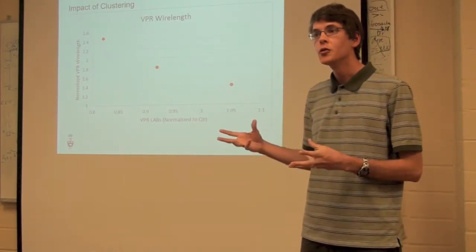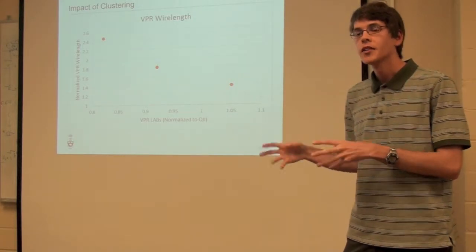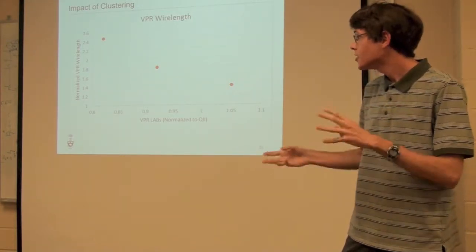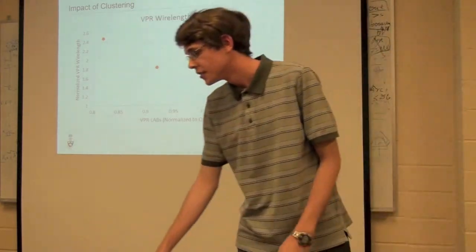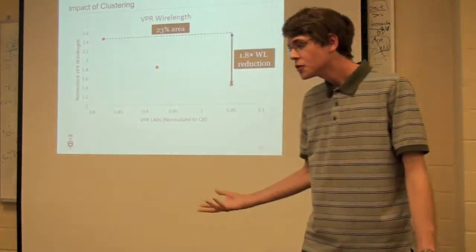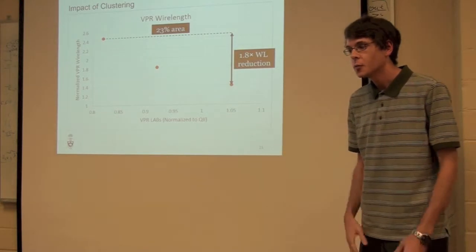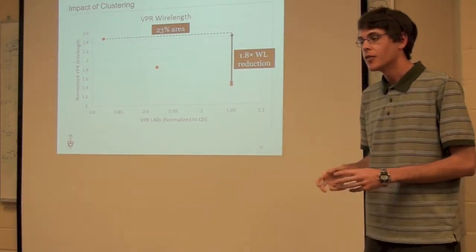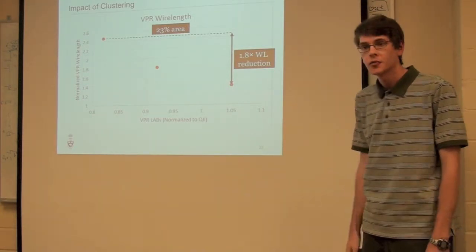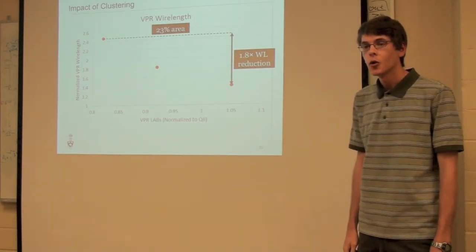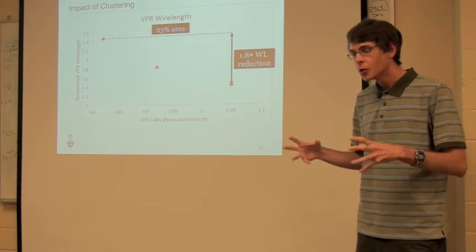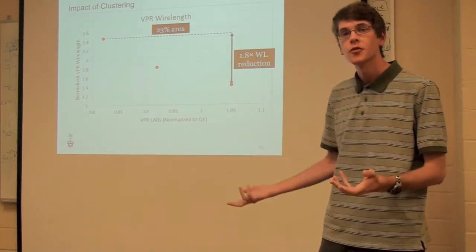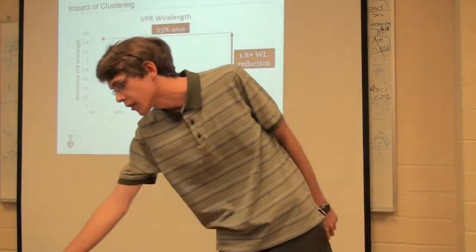So what we were able to do is adjust how densely Quartus 2 packs its designs and see how the relative wire length changes. The conclusion is that if you're willing to pack your design 23% less densely, then you can get up to a 1.8x reduction in wire length. So it seems that really focusing on packing a design very tightly to minimize the number of logic blocks you use can be quite detrimental to wire length.